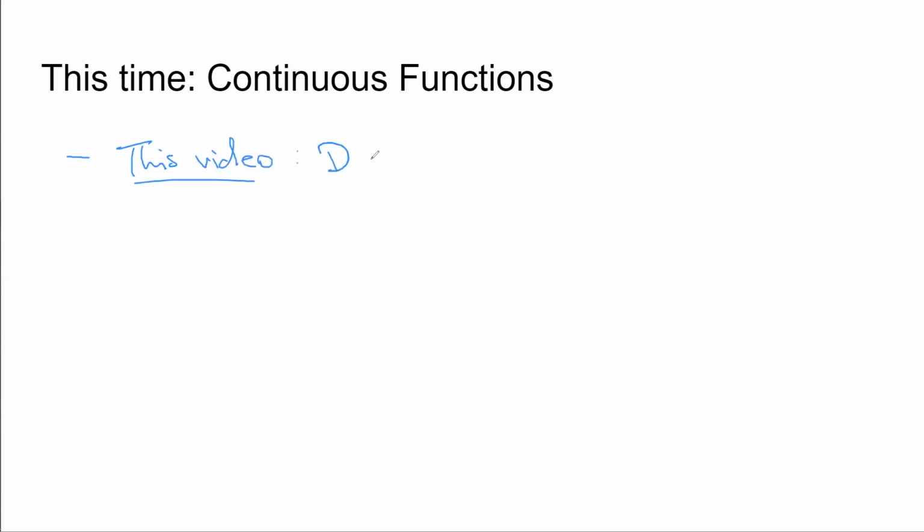Okay, today we're talking about continuous functions. This is probably the central concept in topology. I'm very excited that we're finally here, and there's lots of pretty things that we can do with continuous functions. So in this video, I'm basically going to give you the definition.